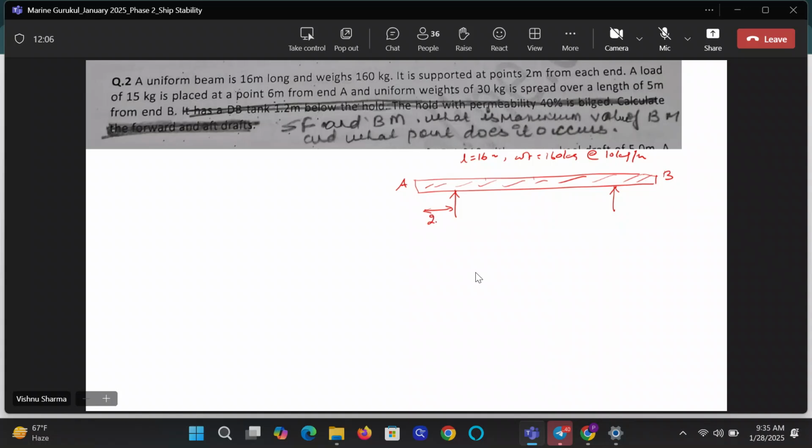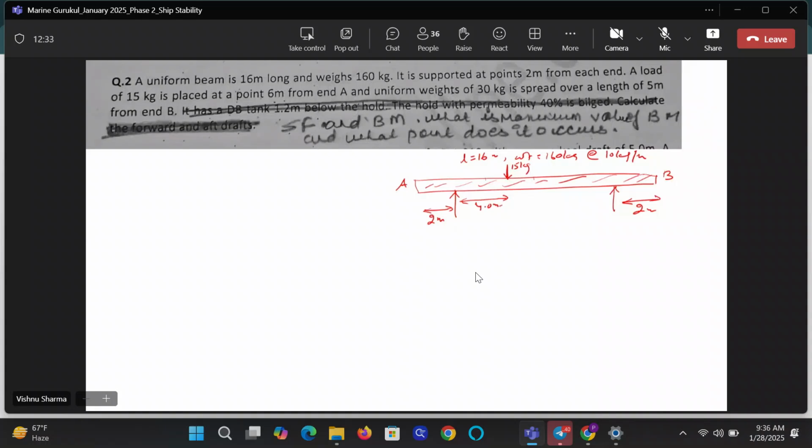So this is 2 meters, this is 2 meters, and it carries a load 6 meters from end A, 15, okay, 6 meters would be somewhere here, 4 plus 2, 6, 15 kgs here. This is 6 meters, so that means this will be 4 meters from here.